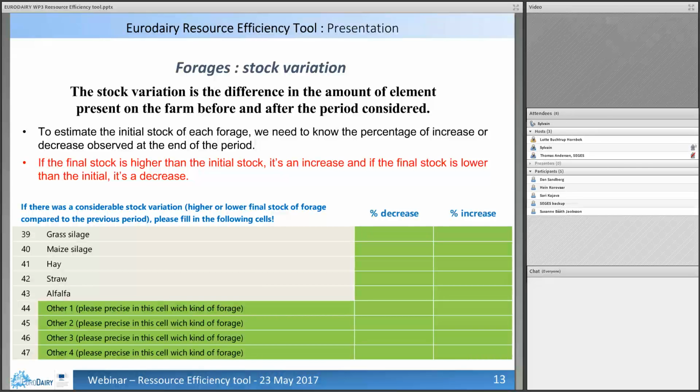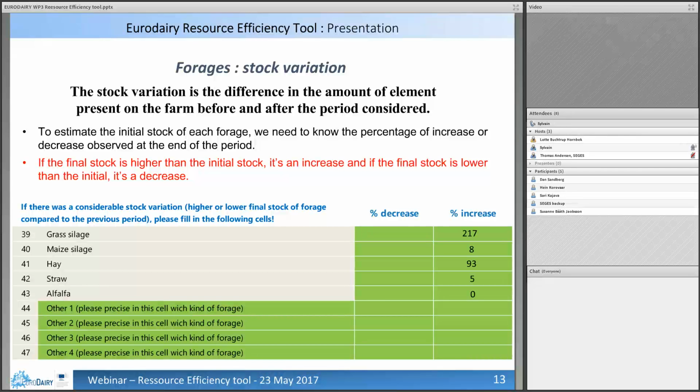We decided to approach the stock variation with this technique because we considered that it would be very difficult to have the real stock at the beginning of the period. So it's a simpler possibility to assess the stock variation.